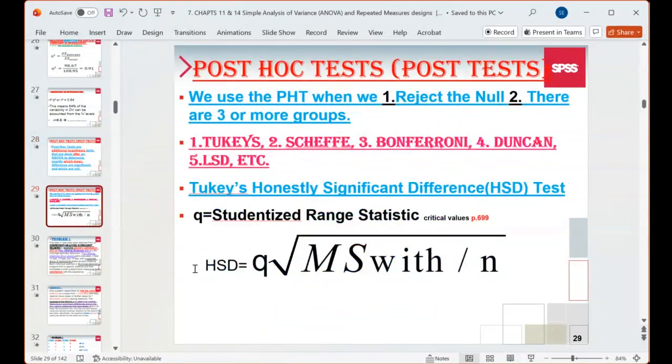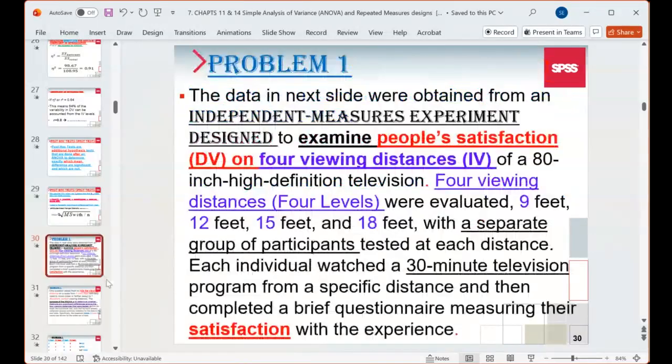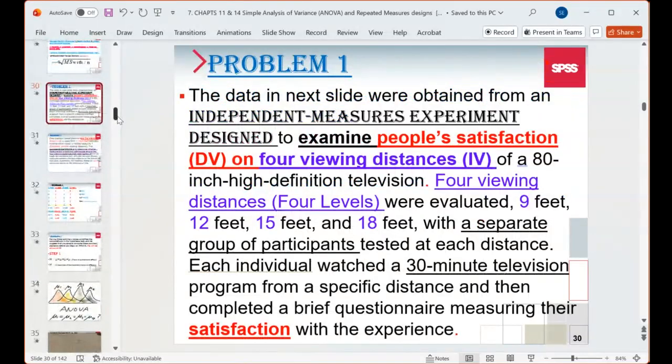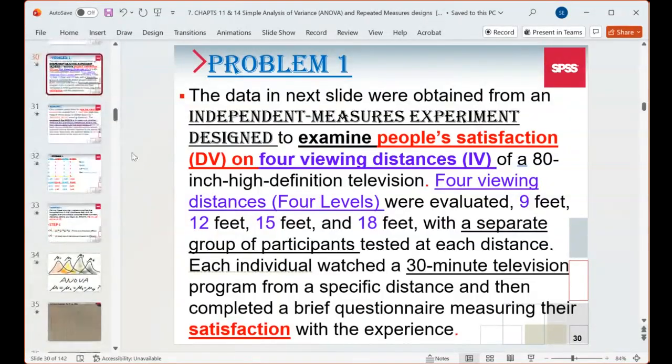The one we use is this one, HSD, the studentized range statistic. More about that later. So this is our research question for tonight. We're going to do that, then we're going to do SPSS, and then we're going to do some calculation.